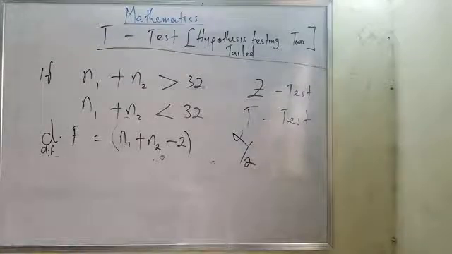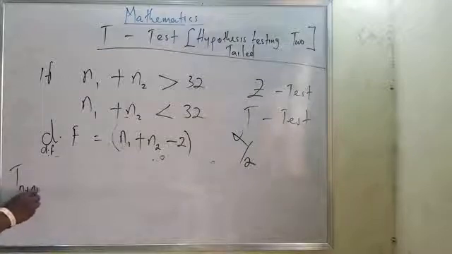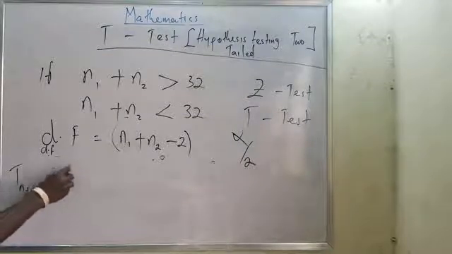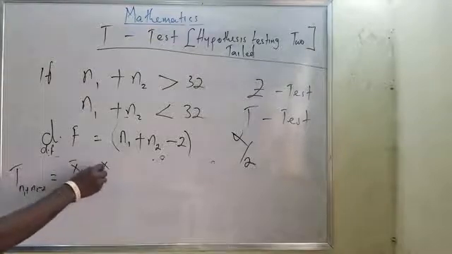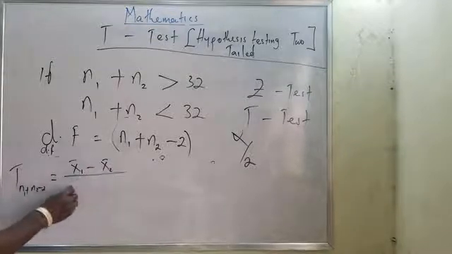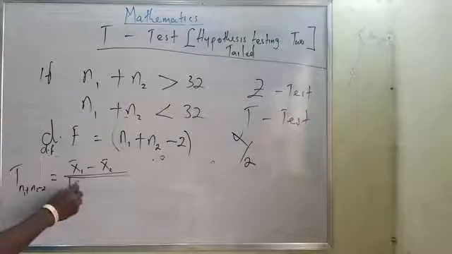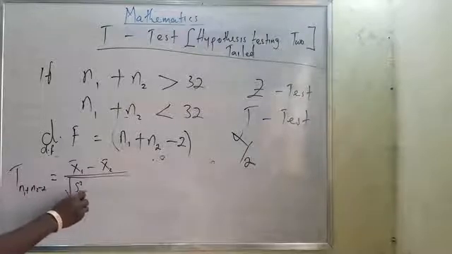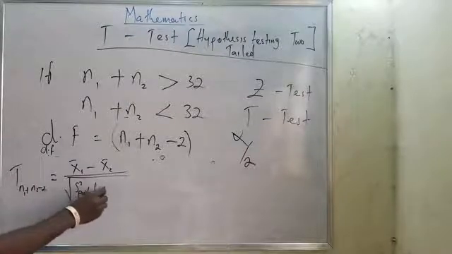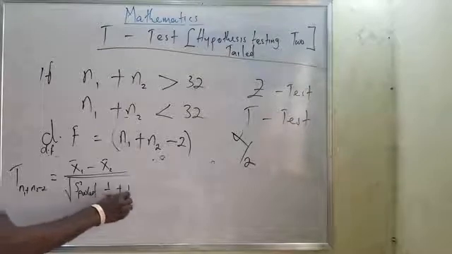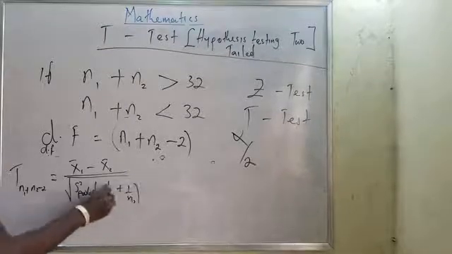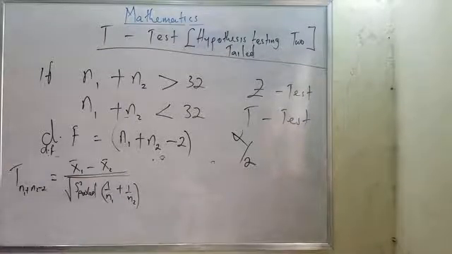Now, the next thing I want you to understand is that my t with n1 plus n2 minus 2 can be equal to x1 minus x2 divided by the root of s squared times 1 over n1 plus 1 over n2. That is very, very important.